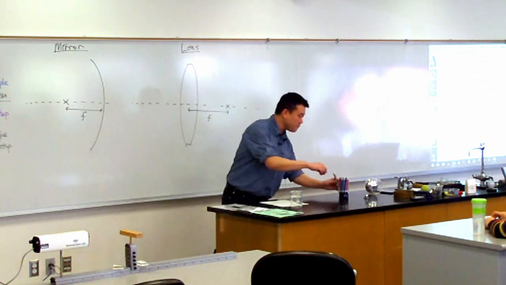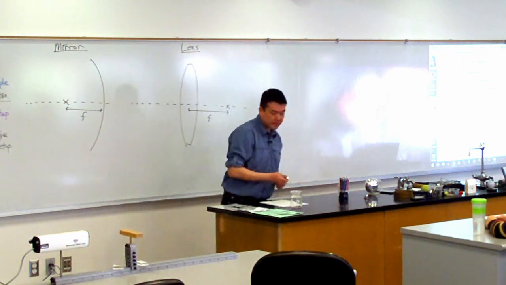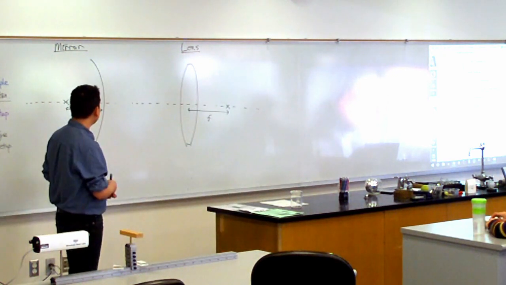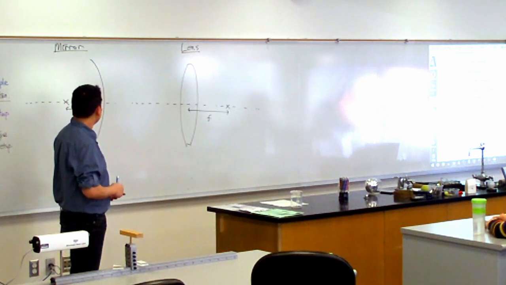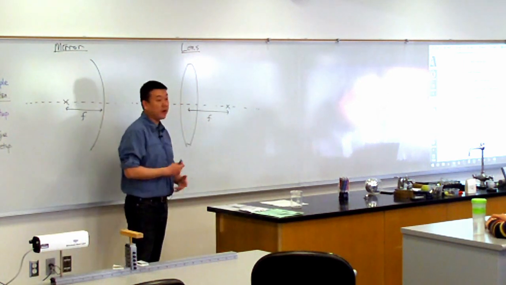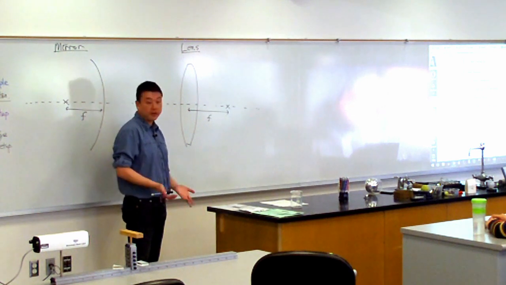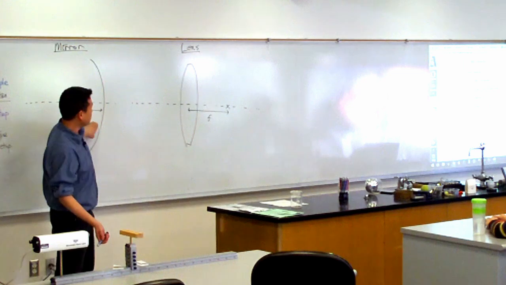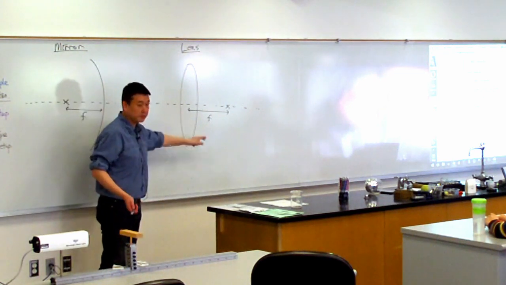So in the way of introduction, the place I should start from is ray tracing. It's a way of analyzing how this optical element affects a ray of light that's interacting with it. In the case of a mirror, it's reflecting from it. In the case of a lens, it's going through it.